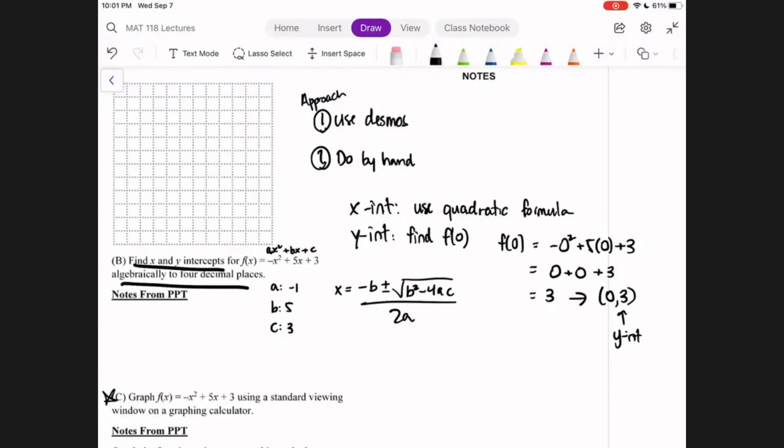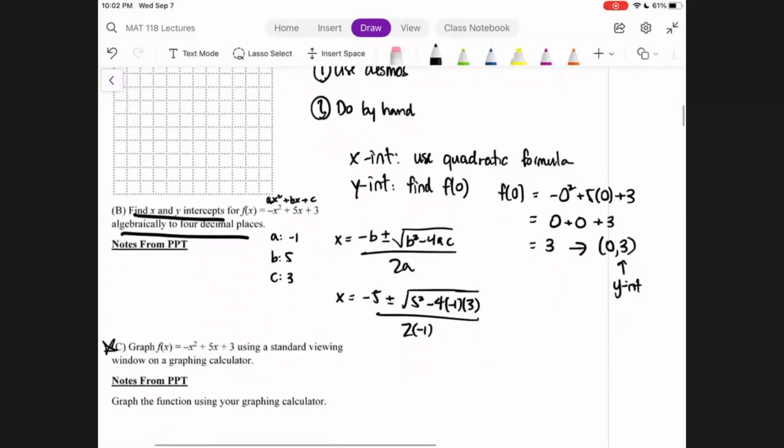So let's plug everything in. So x equals -5 plus or minus the square root of 5 squared minus 4 times -1 times 3, all over 2 times -1. So we're going to simplify inside the square root first.